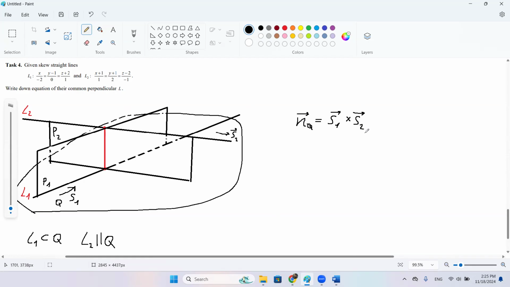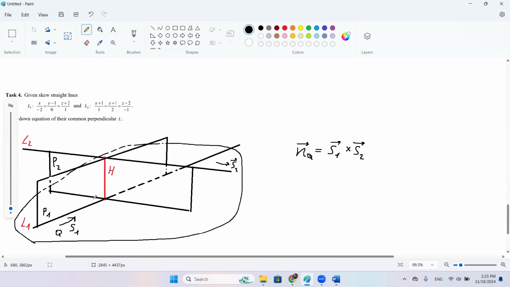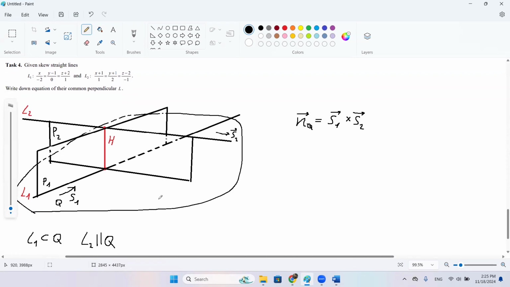We won't calculate it now because it consumes a lot of time, and here we need to understand how to solve rather than spend time on calculations. So we are finding plane Q first of all, and why do we need it?